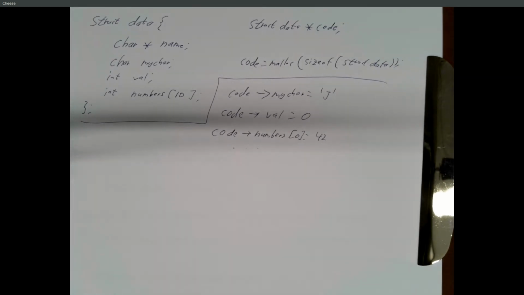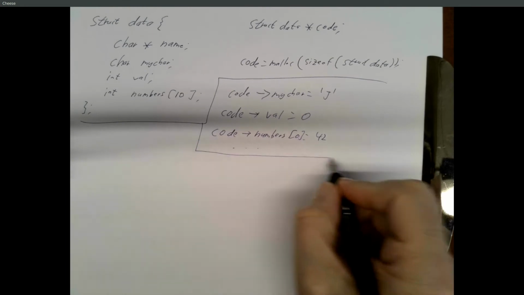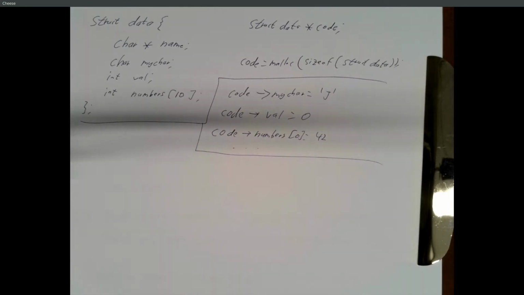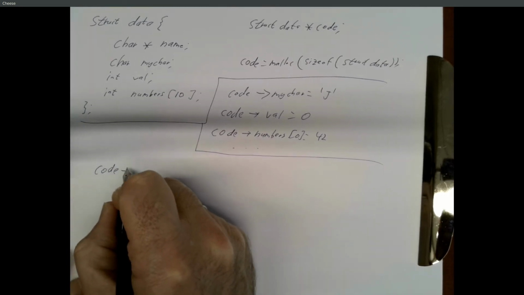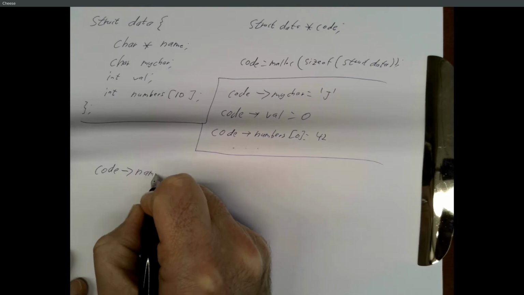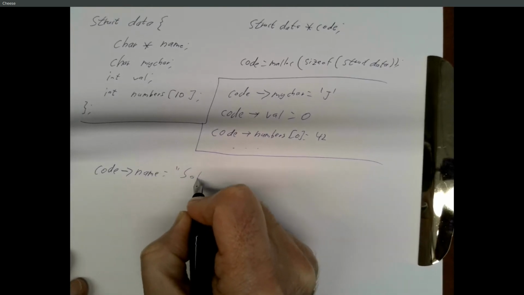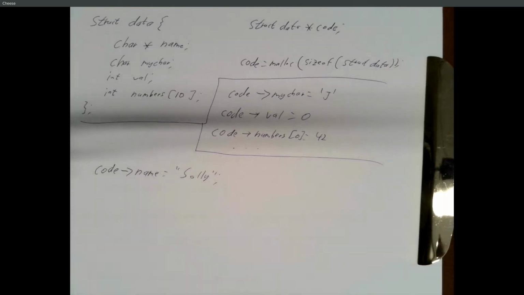And then the more confusing part is the name. So we want the name to be equal to Sally. And there's a few ways you can do that. Here's a simple way. Right, that will absolutely work. Now, why does that work?